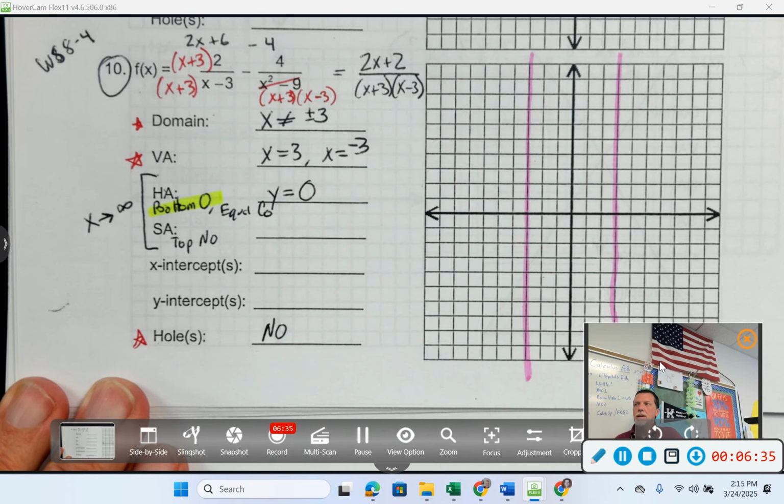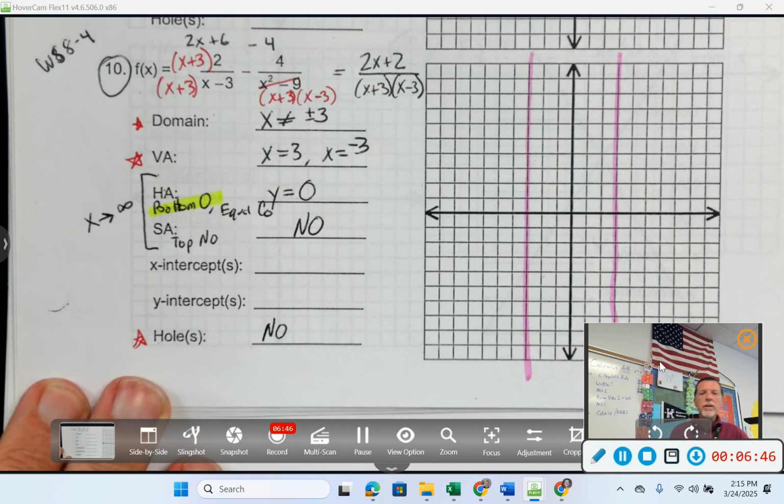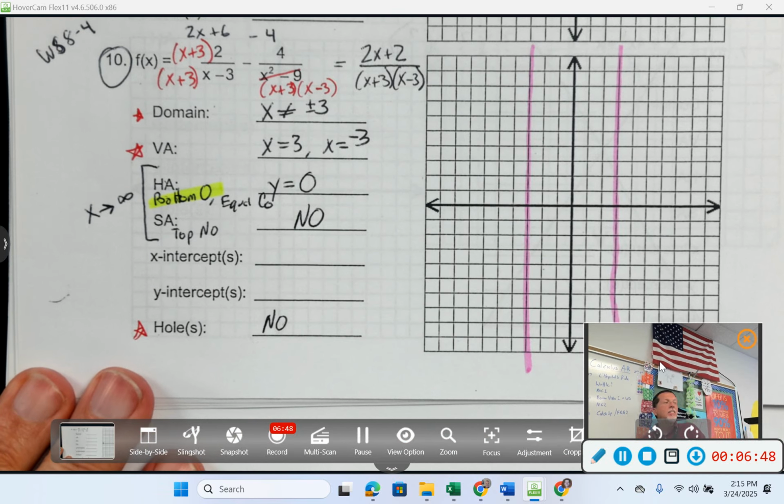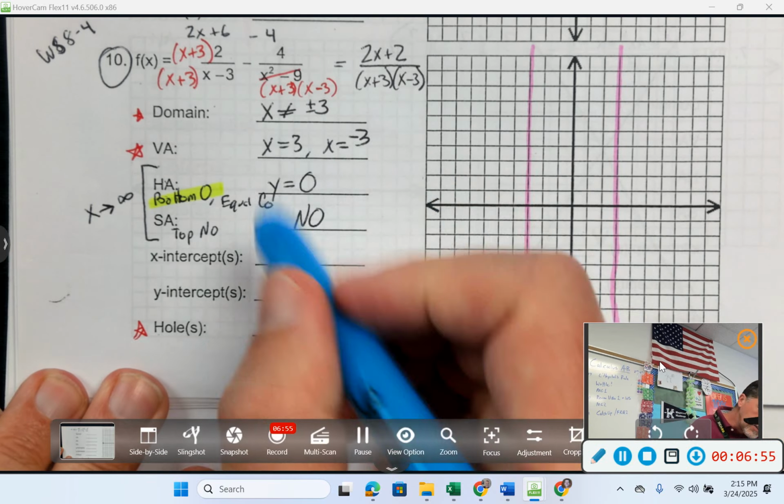Yeah. If the degree is bigger on top. So this one's a bottom O. That's the easiest of the cases because you don't have to do anything. The answer is 0. Y equals 0. Speaking of, let's go ahead and graph that.